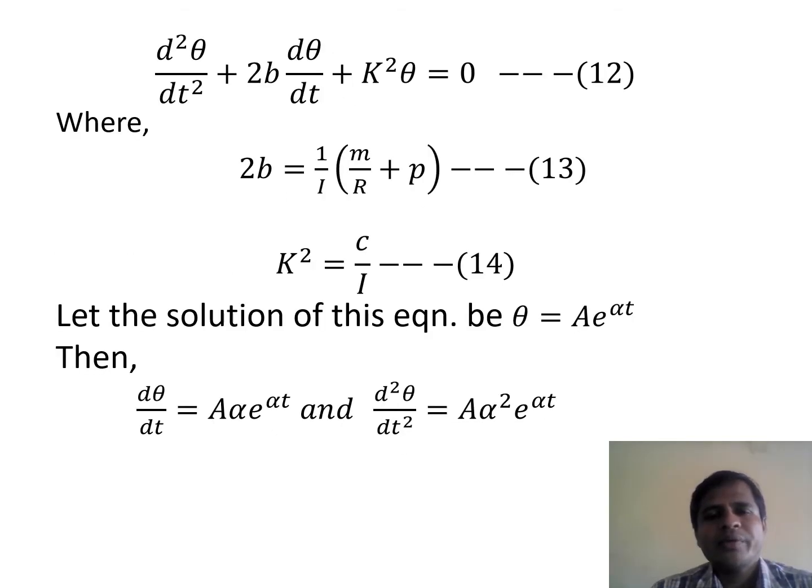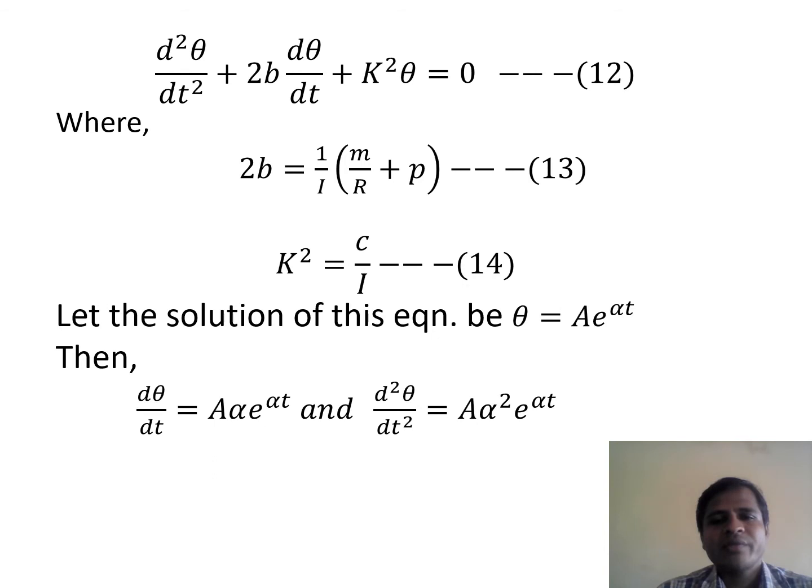In the previous equation, the second term, 1 upon I into (m upon r plus p), is replaced by 2b, and in the third term c upon I is replaced by k square. Then the equation becomes d square theta upon dt square plus 2b into d theta upon dt plus k square theta is equal to 0. Let this equation be equation number 12, where the values of 2b and k square will be equation numbers 13 and 14 respectively.